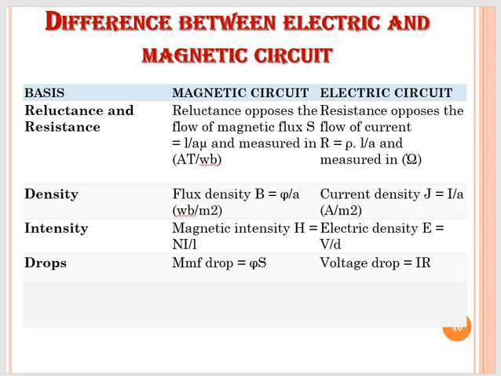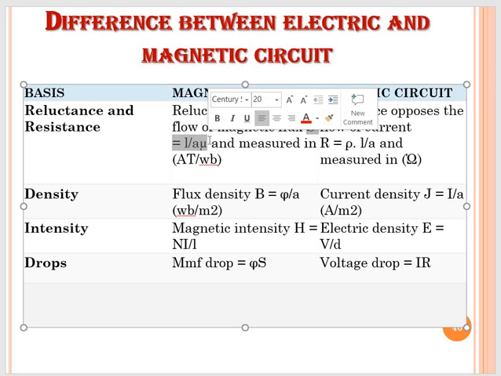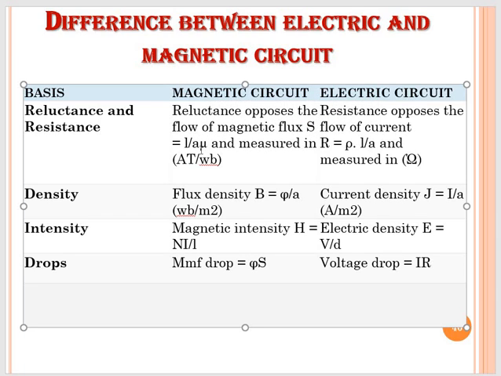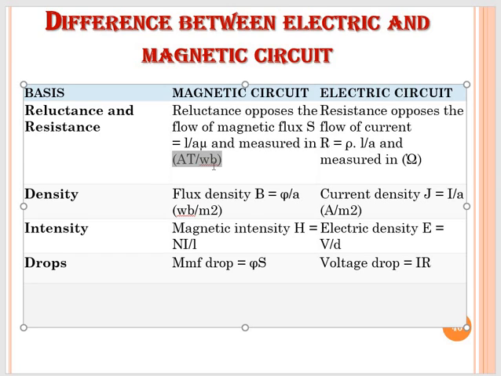Now next, reluctance and resistance. In the magnetic circuit, reluctance opposes the flow of magnetic flux. It is denoted by capital S and is given by S equal to L divided by mu 0 A, or L divided by mu A. It is measured in ampere turns per Weber.